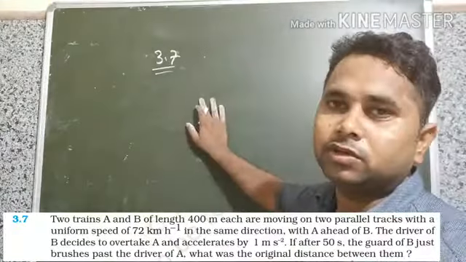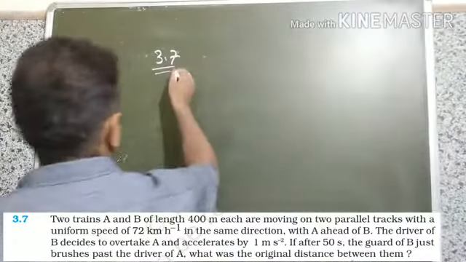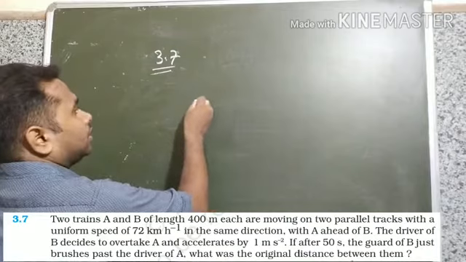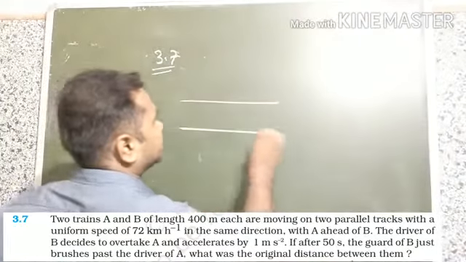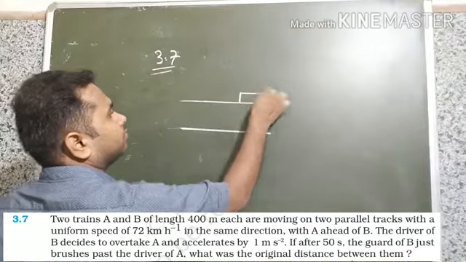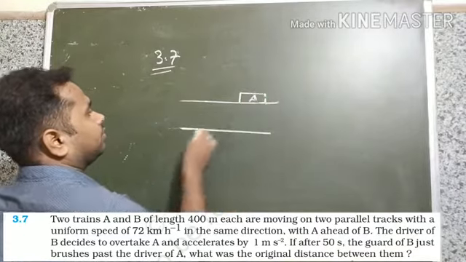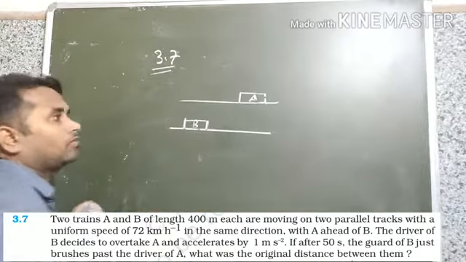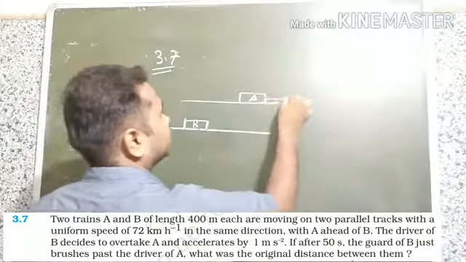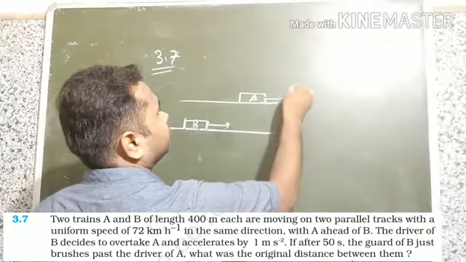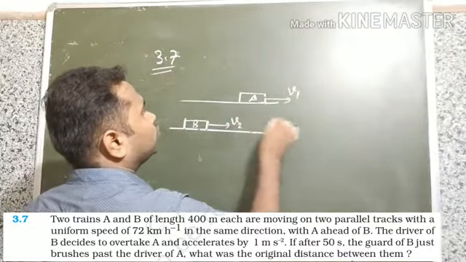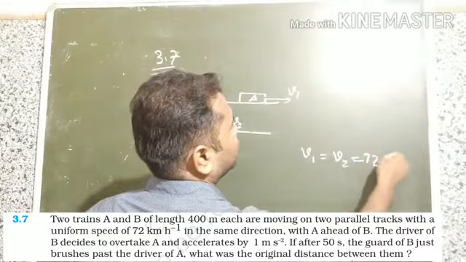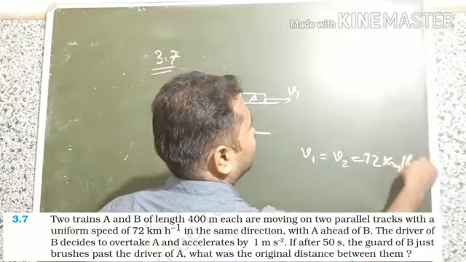Now see the solution of 3.7 here. Two parallel tracks are there, train A and train B. Both are moving in the same direction with the same speed, V1 equals V2 equals 72 km per hour.